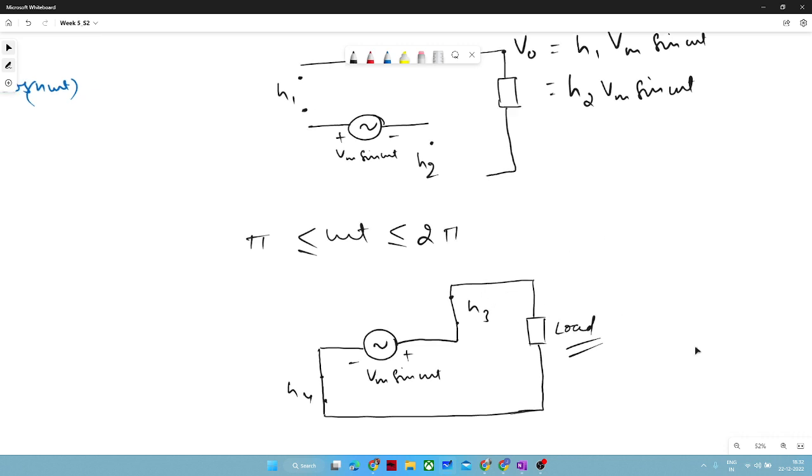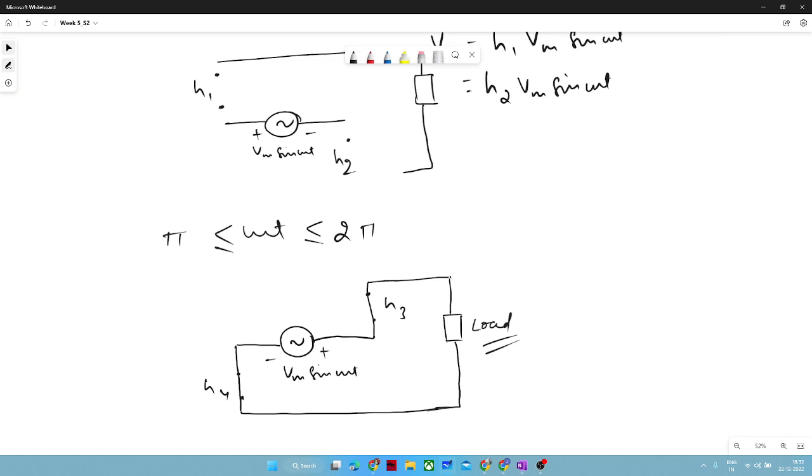Now I can write V naught as H3 Vm sin omega t or H4 Vm sin omega t. H3 and H4 we need to identify. And from waveforms, we will be able to visualize that it is shifted by pi from H1 and H2.